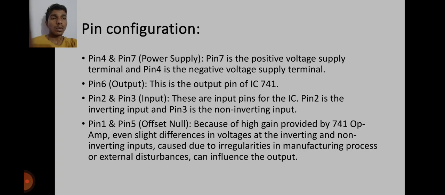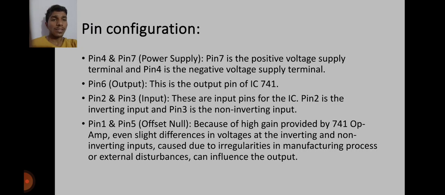That's why we are using pin 2 and pin 3 as signal pins. Pin 1 and pin 5 are the offset nulls. These offset nulls are used because of the high gain produced by the 741 op-amp.